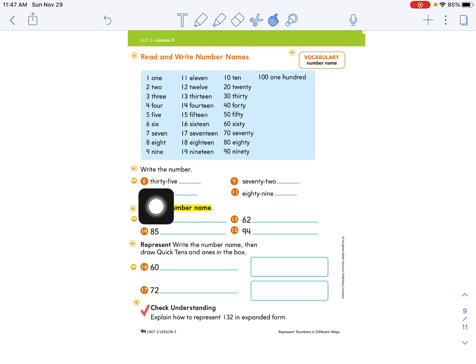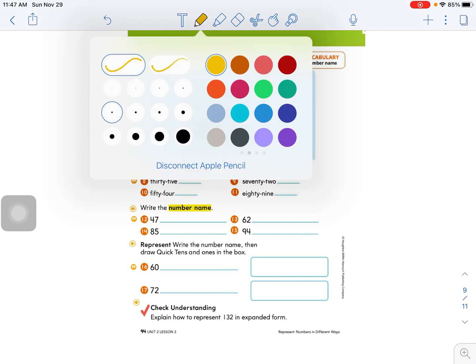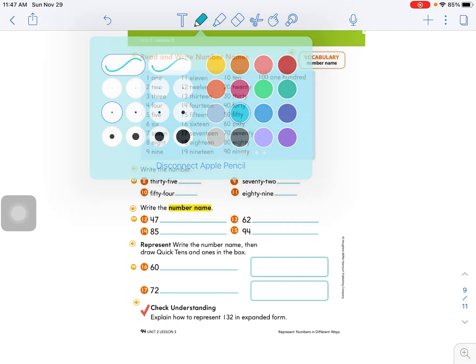So when I read this one, it says thirty-five. Oh. Right there, thirty. There's that T at the end. That must mean there's some 10s and some 1s. So 30, let's get a better color there. Yellow doesn't work so fantastic. How about some blue?